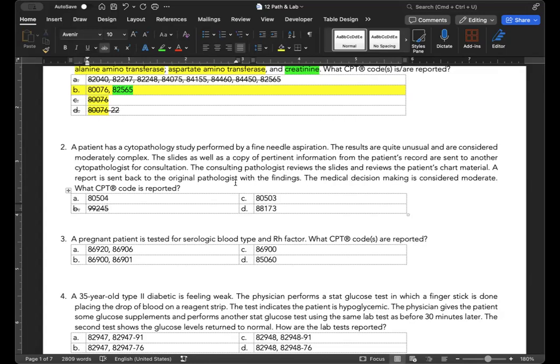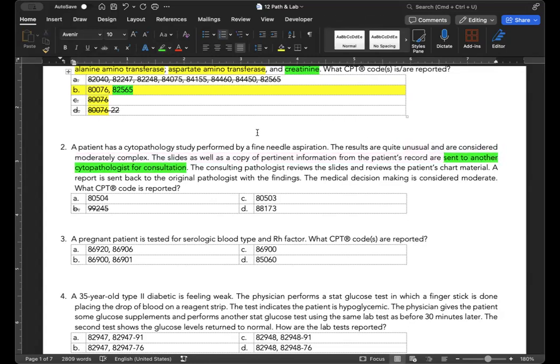So here they are basically them sending this over from this other cytopathologist. That is our request. Okay. And then here, they are sent to another pathologist for the request.